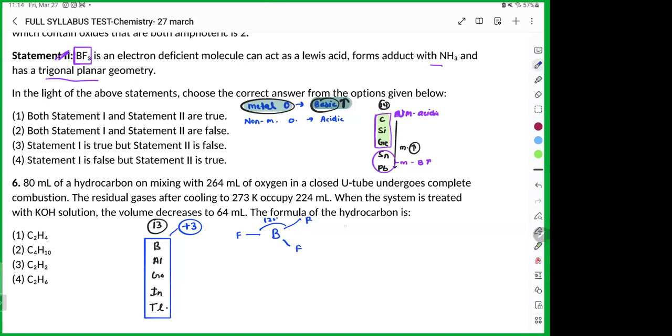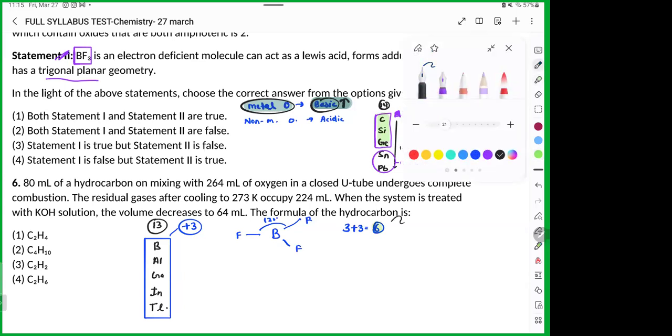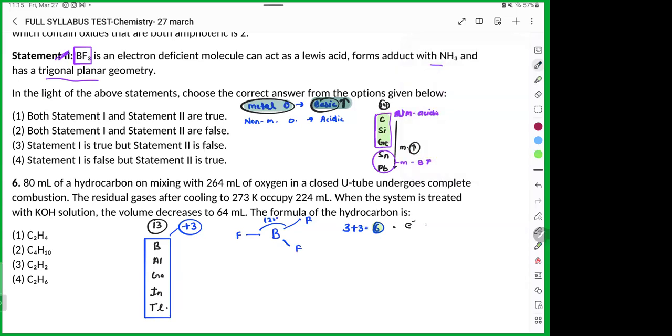So 3 electrons of boron and 3 electrons of fluorine, total electrons 6. We still need 2 more electrons to complete the octet. Octet means 8 electrons, but here we have only 6. It means shortage of electrons, electron deficient. And according to the Lewis concept, an electron deficient molecule is acidic in nature, a Lewis acid. Any doubt, guys?